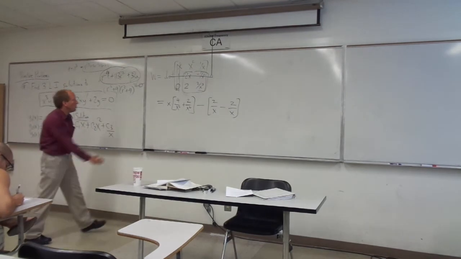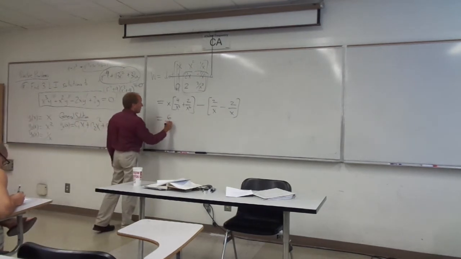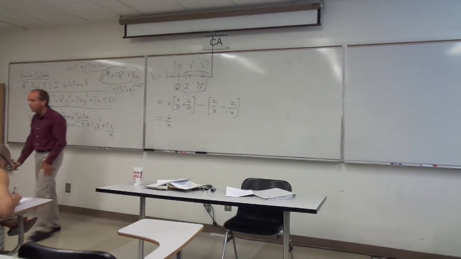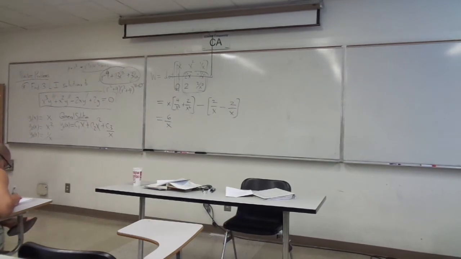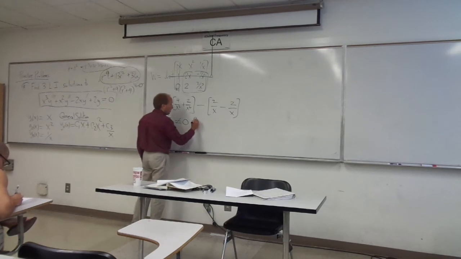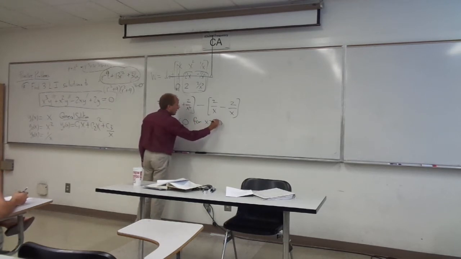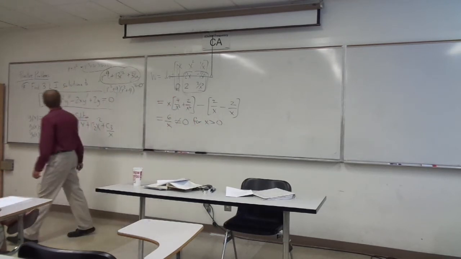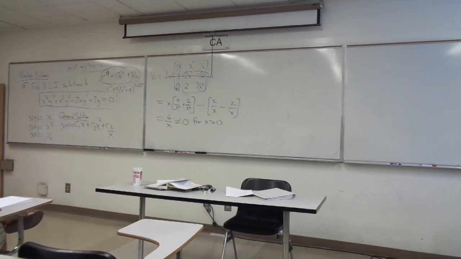So when you simplify this, it comes out to 6 over x, I think. And that is not 0 for any positive value of x that we might consider. You only have to find one value of x that makes it non-zero, and then you can say that they are linearly independent.